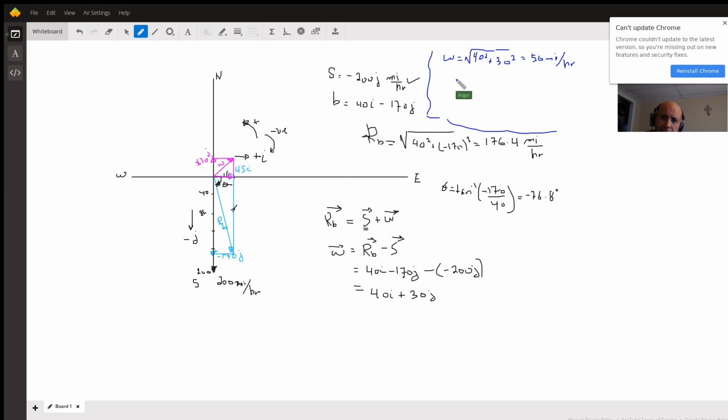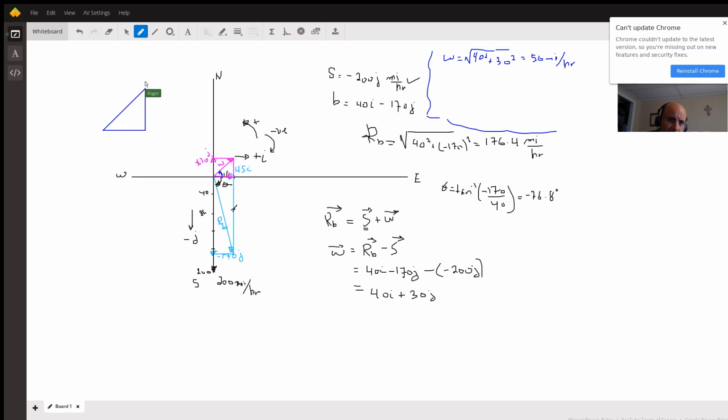Okay, the magnitude we found. If we want to find the angle, now notice we're going counterclockwise, which is positive angle. So the angle here, and let me draw that in big so you can see it better.